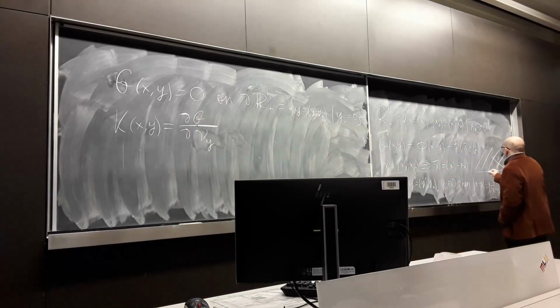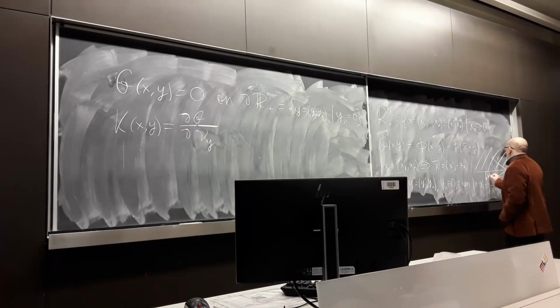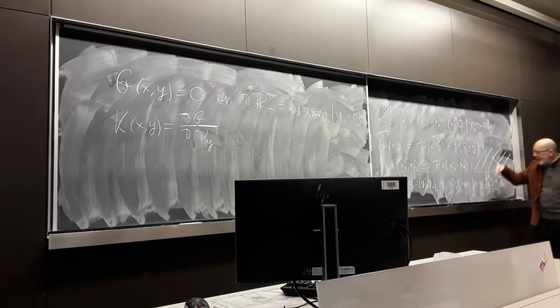The normal vector is a unit vector looking down, so its n coordinate is minus y.